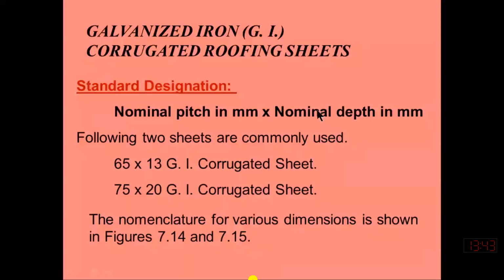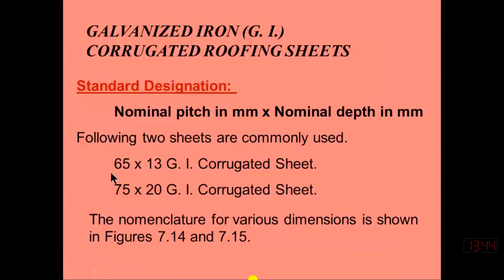For example, two sheets are commonly available in markets. Number one is the 65 into 13 GI corrugated sheet, and the second type available in the market is the 75 into 20 GI corrugated sheet. What does this 65 represent? 65 represents that this corrugated sheet has a pitch of 65 millimeter and a nominal depth of 13 millimeter.